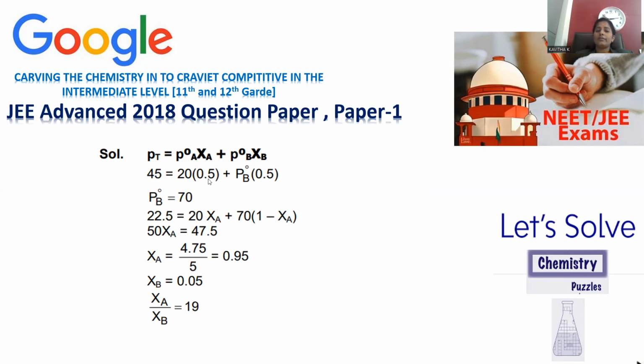With an equimolar mixture, chi A will become 0.5 and chi B will become 0.5 again. Taking everything into account, P naught B will become 70. Pure liquid B vapor pressure is calculated as 70, right?